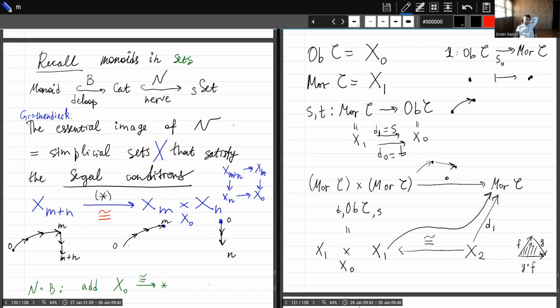Which again would use Segal's conditions, this time in one degree higher also. And yeah, this is how you recover a category from its nerve.